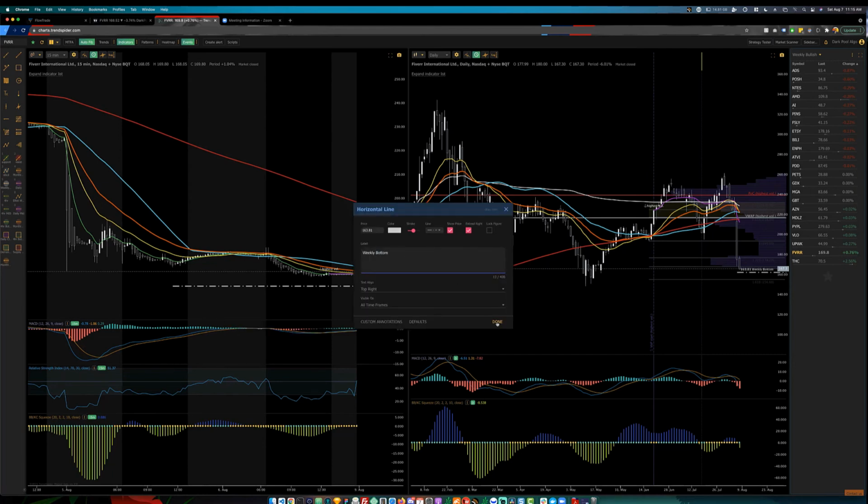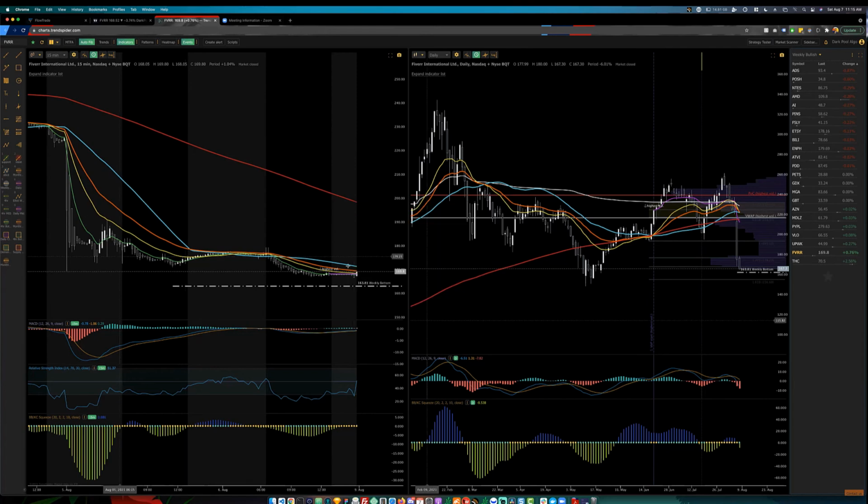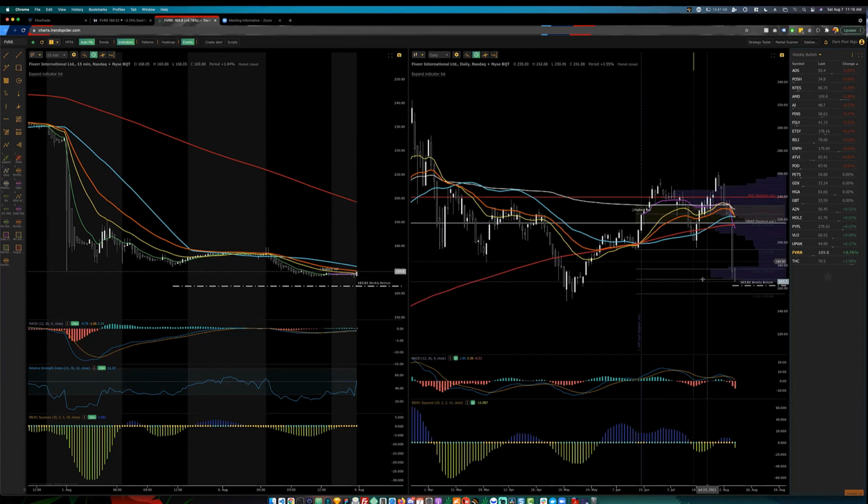Maybe do a weekly bottom cloud over here too. So weekly bottom support, right? If we have to come down and tip tap this 1.8, I actually like this demand zone. We may come down and tip top off of 157, but if we do, then we're going to retrace pretty hard.